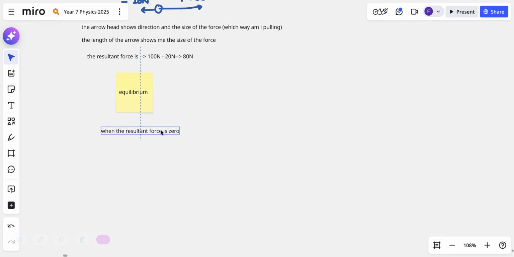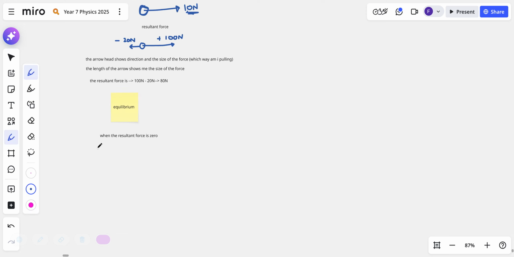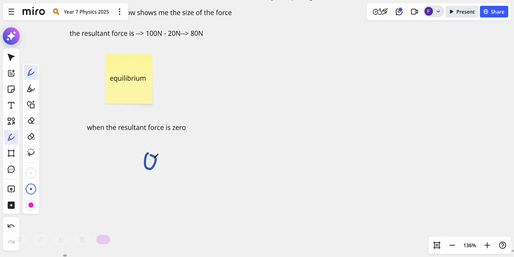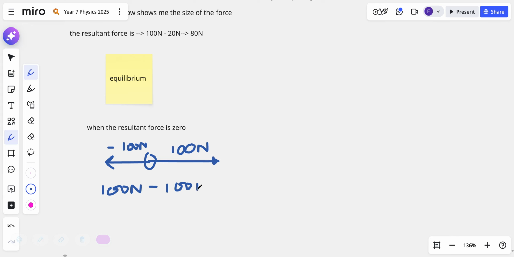All right, so if you think about it, as Newt gets bigger, Newt is our youngest husky. If I'm pulling with 100 newtons and Newt sees a rabbit, I am in so much trouble. He decides to go that way at 100 newtons. He's going the opposite direction. My resultant force is 100 newtons minus 100 newtons equals 0 newtons.